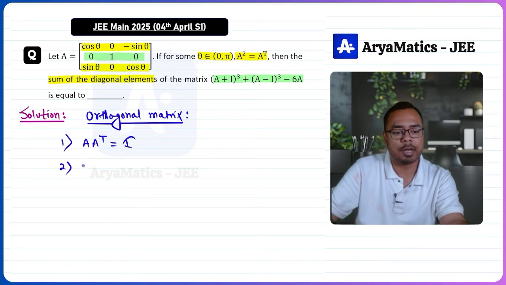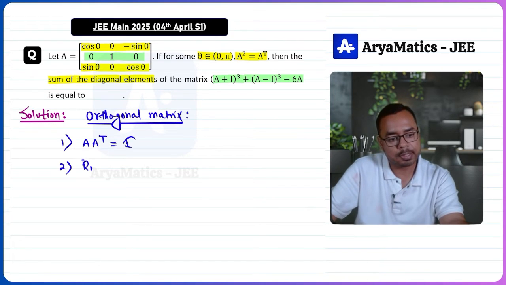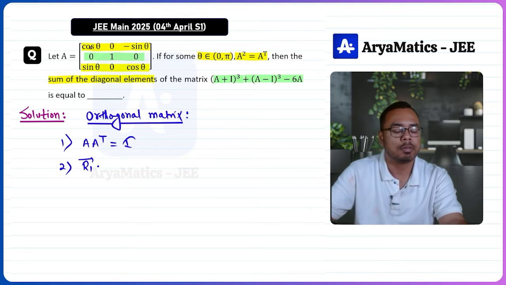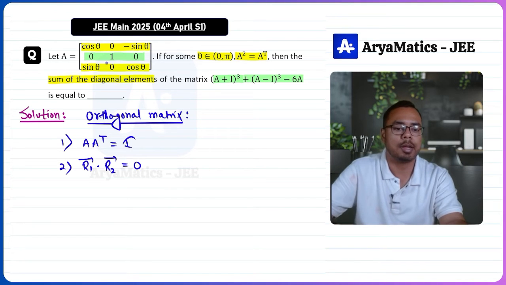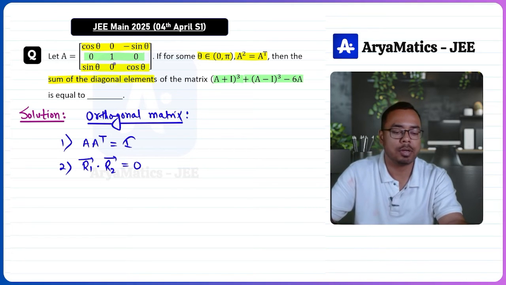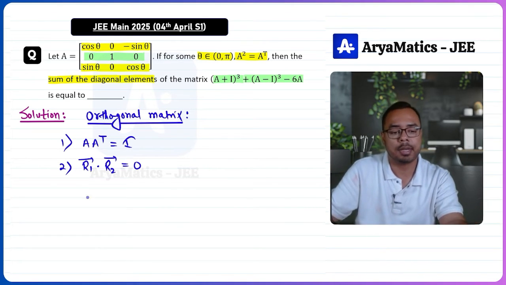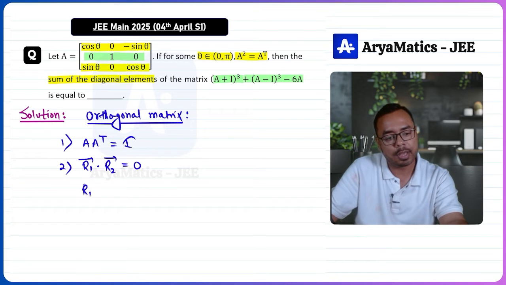Now if you take R1 dot R2, let us say R1 is this vector where we have cos theta, 0 and minus sin theta as x, y and z component. So if I take R1 dot R2, then we should get a 0. Clearly you can see cos theta into 0, 0 into 1 and then minus sin theta into 0. Or if you take R1 dot R3, then also the result will be 0.